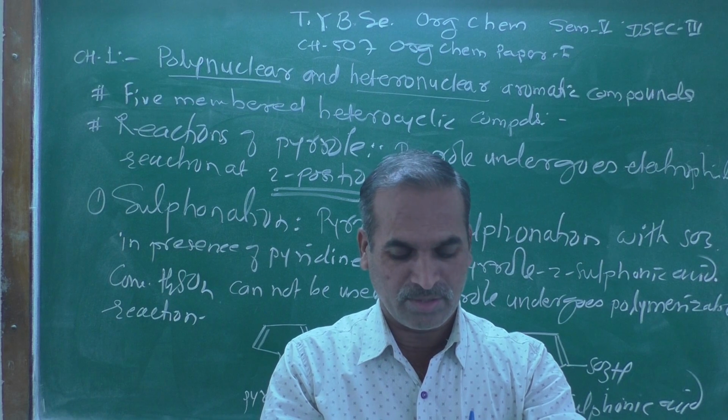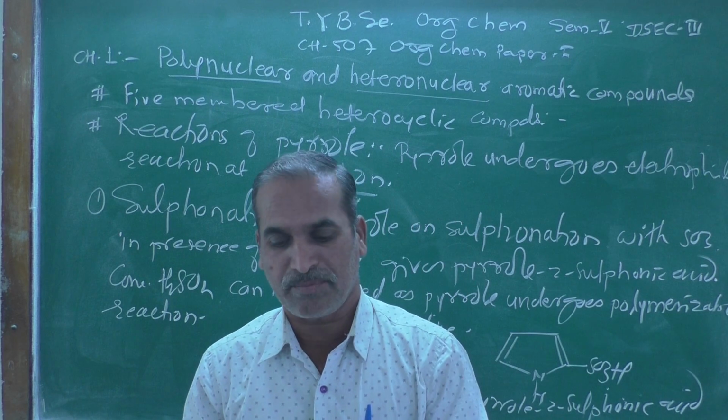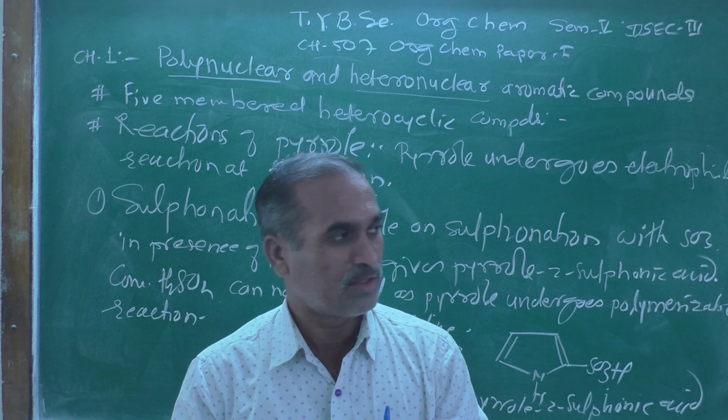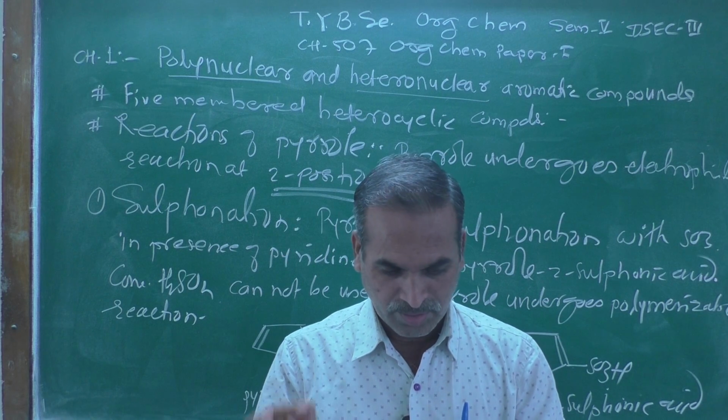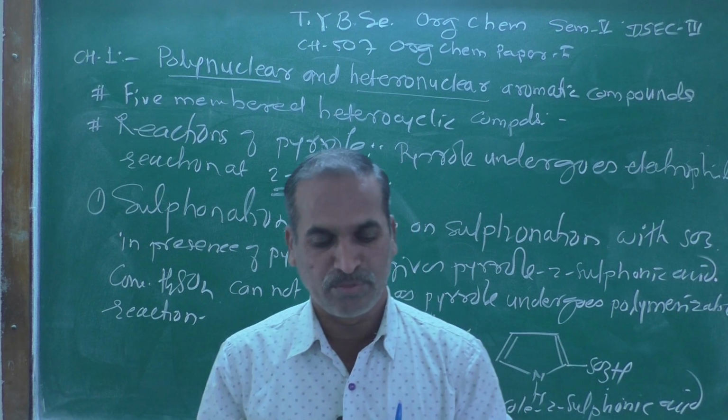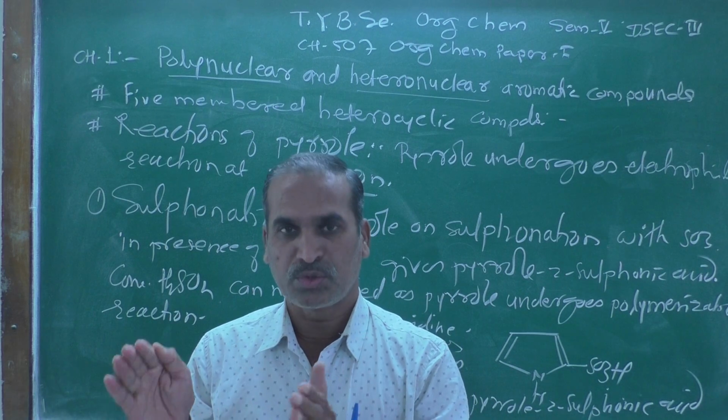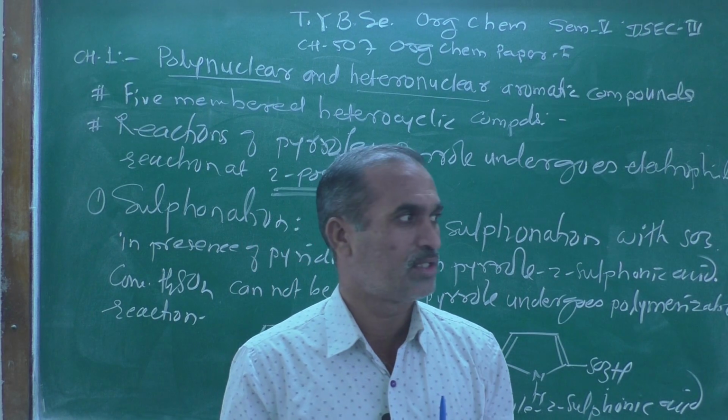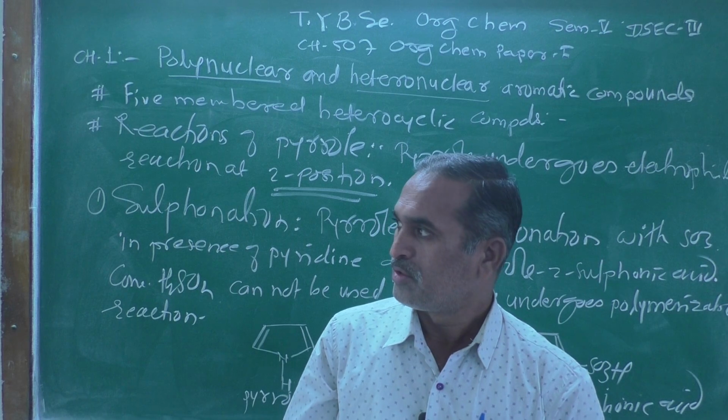Do you remember what we were discussing yesterday? I think we were discussing pyrrole. Pyrrole is a 5-membered ring, and how to synthesize pyrrole in the laboratory.